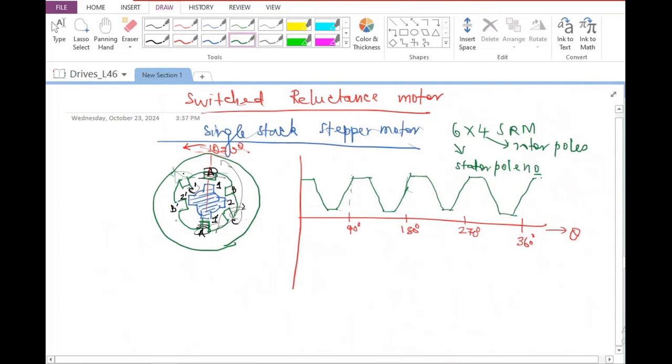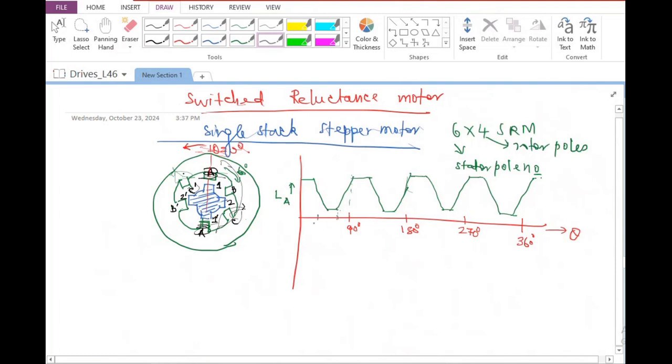Because there are 4 poles, if I say this is the inductance of A pole, the A and A dash winding, now for B and B dash, it is exactly shifted by 60 degrees. So let us divide this into 30-degree intervals.